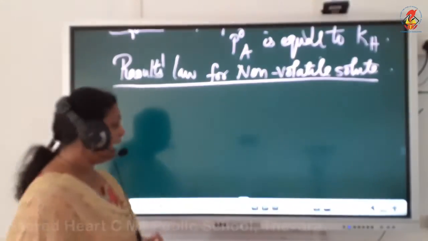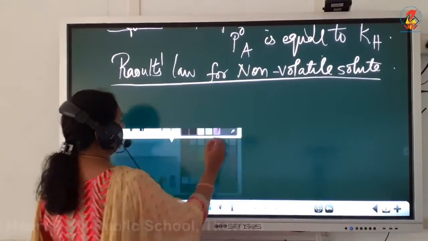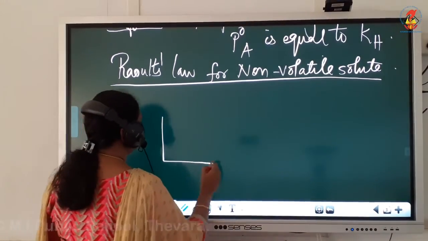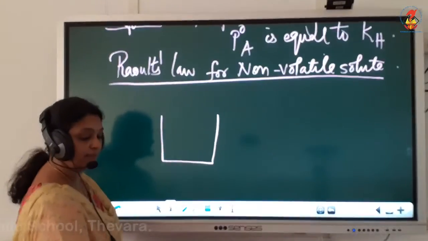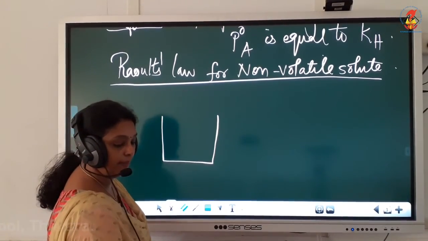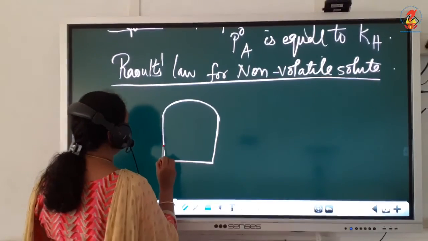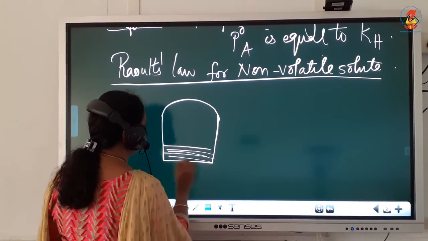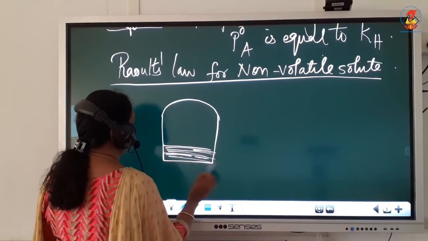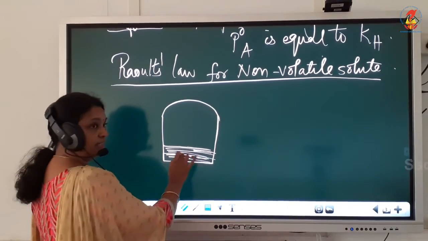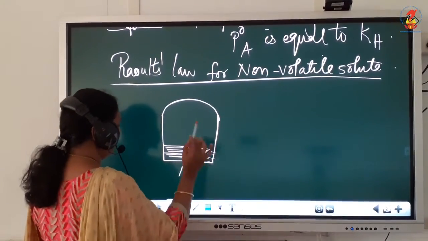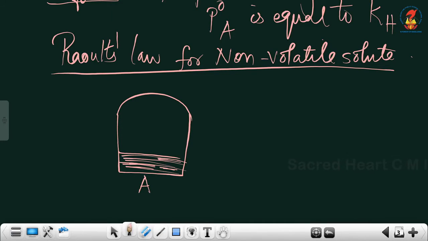Now, if we have only the solvent with us, for example, suppose I am taking a closed container with only the solvent, that is A. Now you know that the surface will be occupied by solvent molecules.